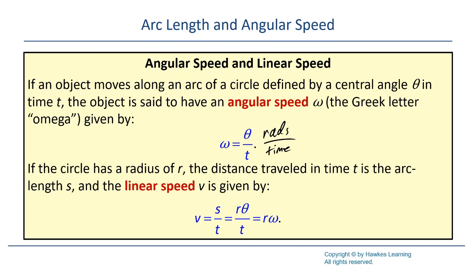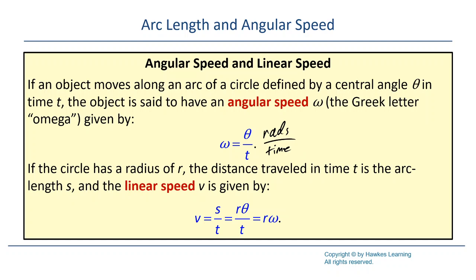And then linear speed, which is actually how fast it's traveling, is given by the arc length divided by time, which we already defined to be r times theta.